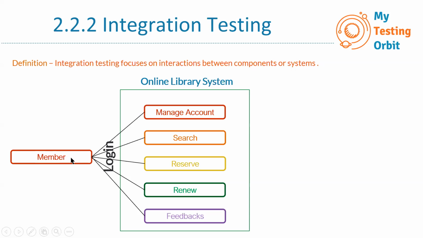We can have a use case that once a member logs in to the library system, a member can search a book, manage account, reserve, renew, give feedback. All these features will be accessible to a member after login. So we can have multiple use cases, with an action for each goal which we want to achieve.